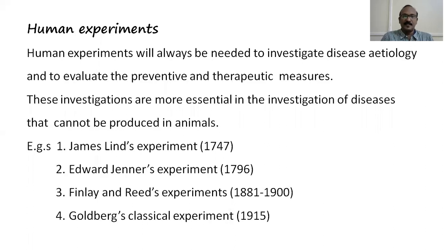Finlay and Reed's experiments showed that yellow fever was mosquito borne. And Goldberger's classical experiment on pellagra proved that pellagra is not an infectious disease, but is due to deficiency of nicotinic acid.